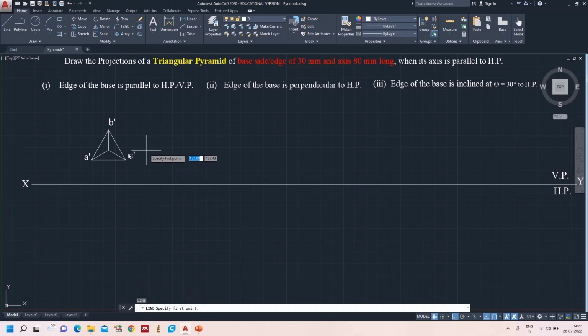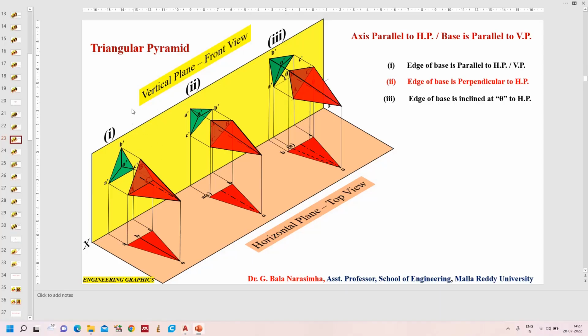Now to draw the top view, we need to erect the projectors till the reference line. Now when you see from the top, it appears as a triangle of length AC. So the edge AO is clearly visible.